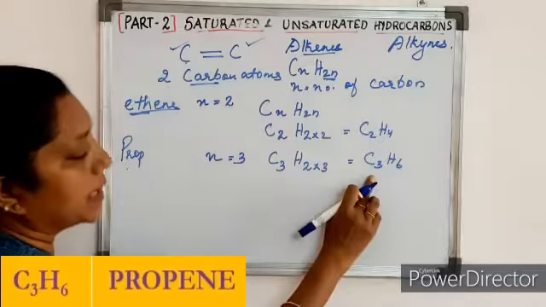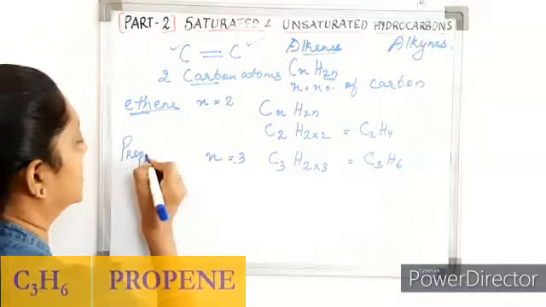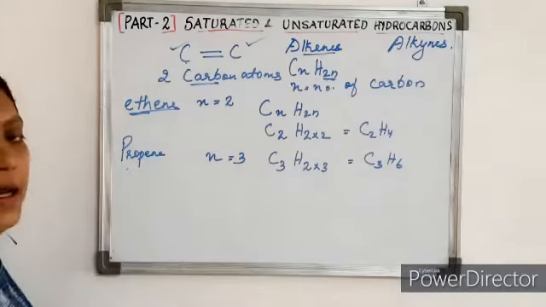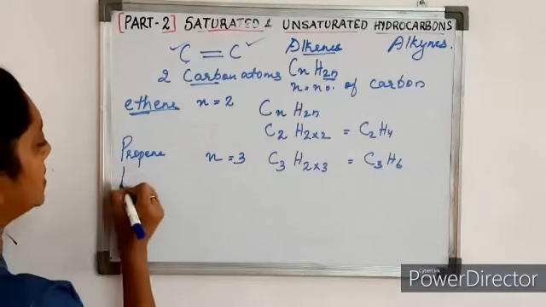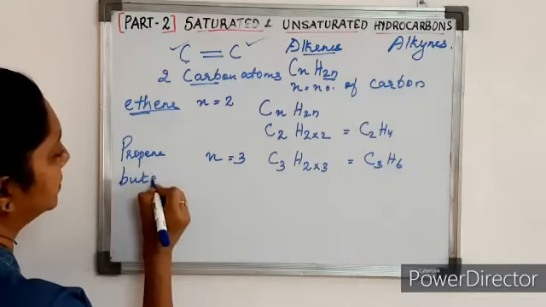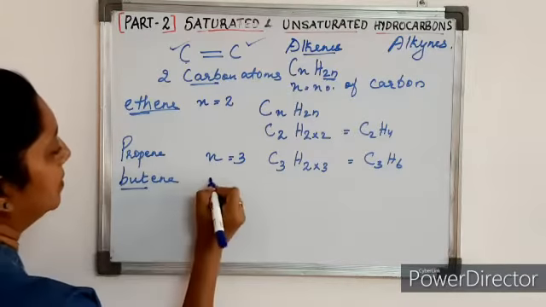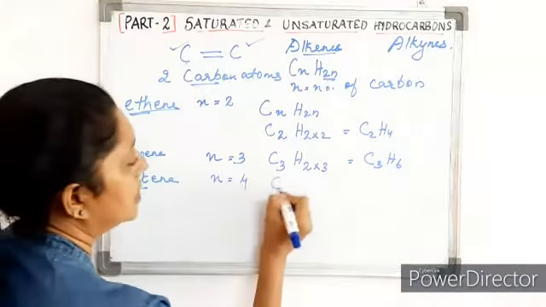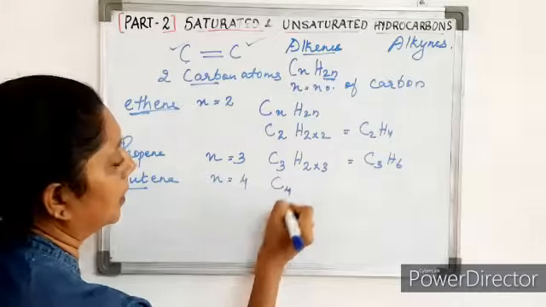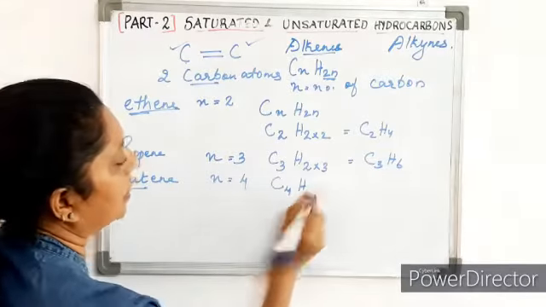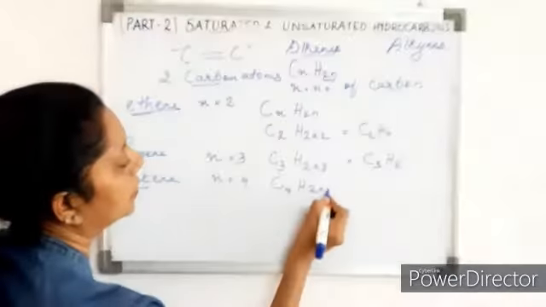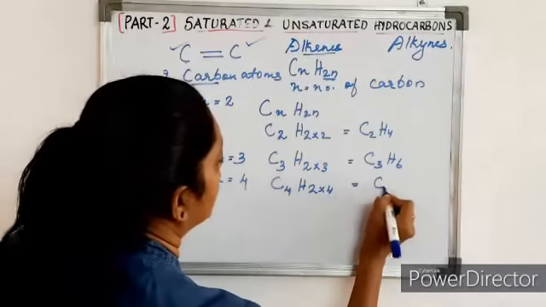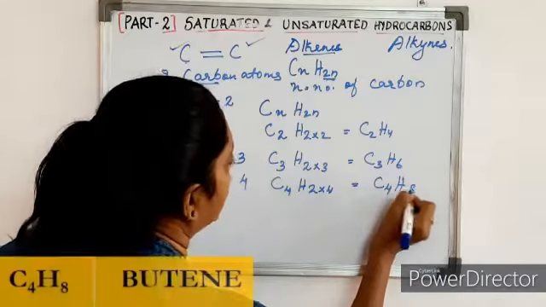Because it contains how many carbon atoms? 3 carbon atoms. Propene. And the next molecule is butene. But means n is equal to 4. So, number of carbon atoms 4, hydrogen twice of this, 2 into 4, that is C4H8.